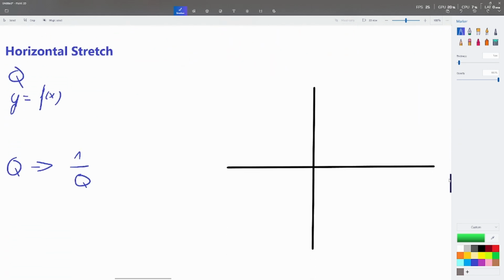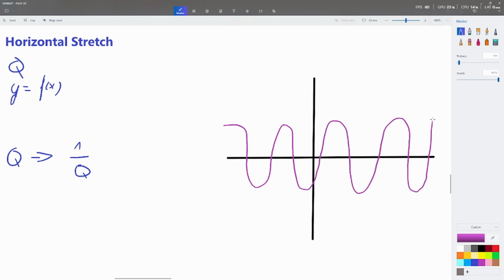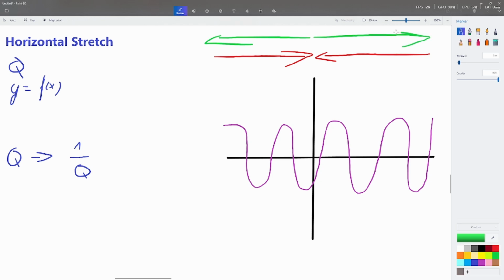So let's talk about horizontal stretch as well. Let's use the same example. We had our function looking something like this. Horizontal stretch kind of makes sense: it stretches your function more out. So how does the formula actually work? Before, your letter was p, now your letter is q, and you use q a bit differently as well.